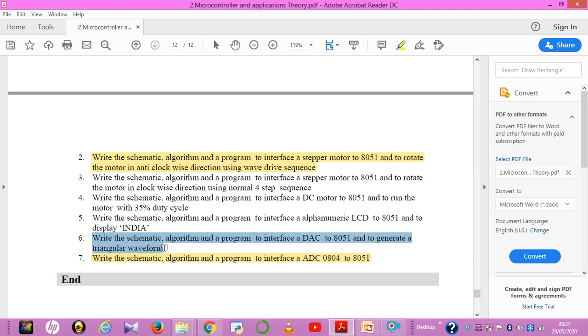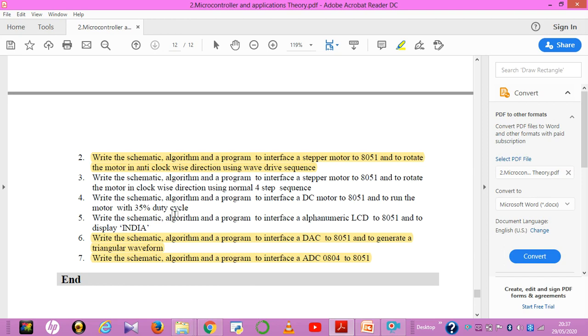Already in the lab you have done all these program executions and you got outputs as well, so you can write the same programs in external exams as well as the diagrams, and the same thing I am covering in this PPT as well.